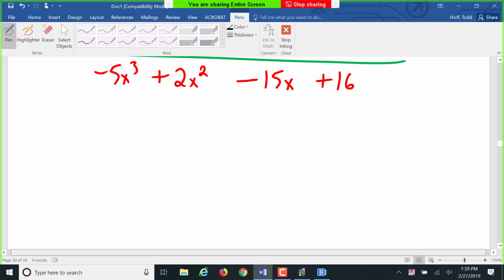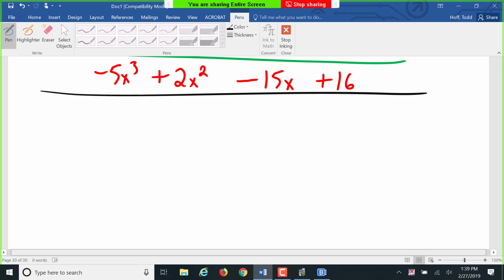Okay. Well, our next step is to start talking about multiplying and dividing these polynomials. I want to simply review multiplying and dividing monomials first, and then we'll pick up on Monday with the polynomials.